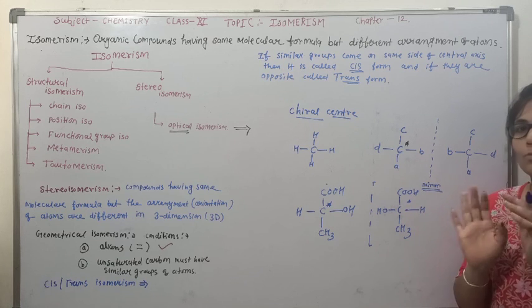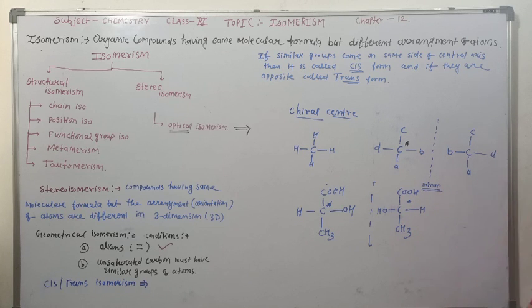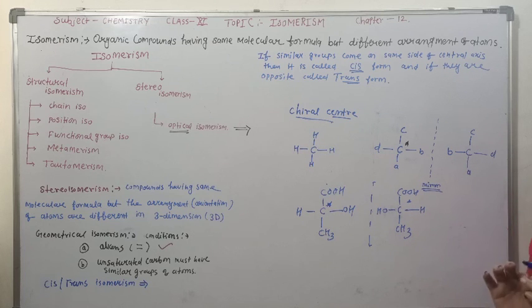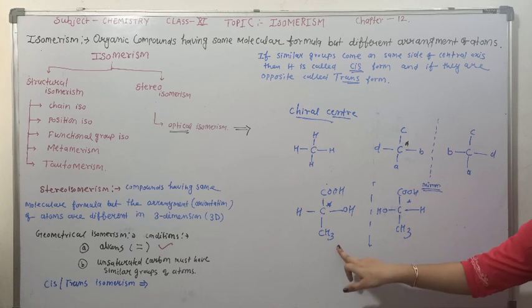Optical isomerism is possible only if the compound has a chiral center. A chiral center is a carbon connected with four different groups or atoms. These are the isomers of this compound. The optically active compound is this.